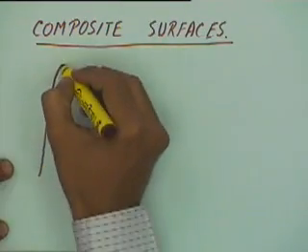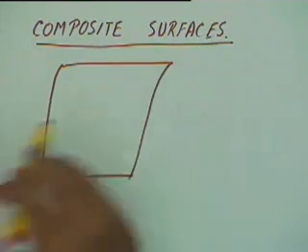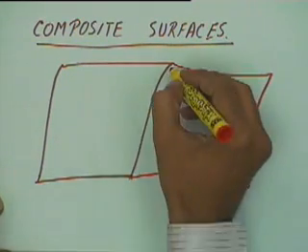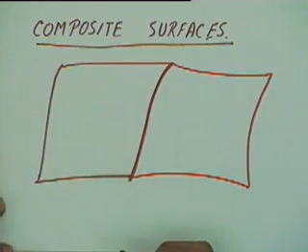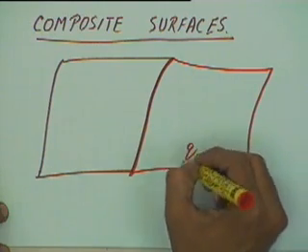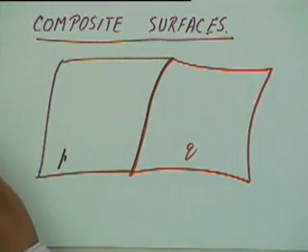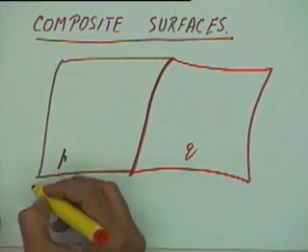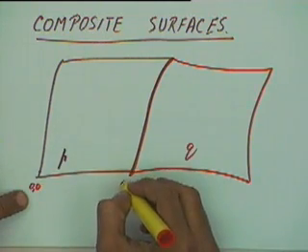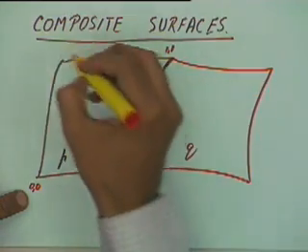Let's say we are considering 2 surfaces. Let's say this is a surface patch Q and this is a surface patch P. Let's say this is the 0 0 point for this surface patch, this is the 1 0 point, this is the 1 1 point and this is the 0 1 point.